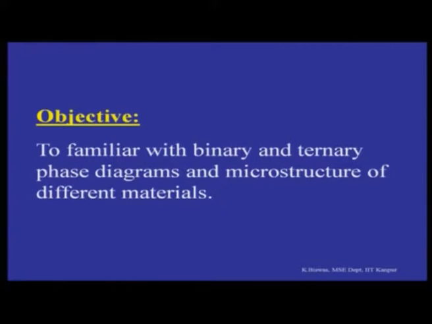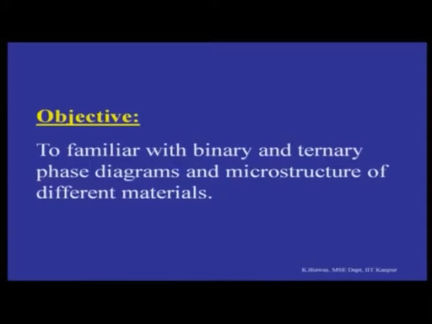So what is the basic objective of this course? I know that you are from different backgrounds, different places, but the basic objective remains the same for all of you: to become familiar with binary and ternary phase diagrams and the microstructure of different materials. So the idea is to connect the microstructure of materials with phase diagrams.